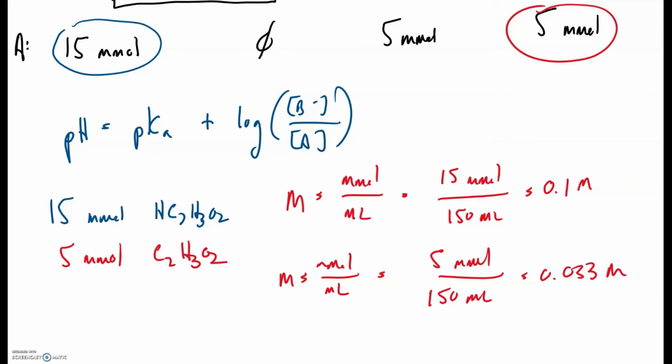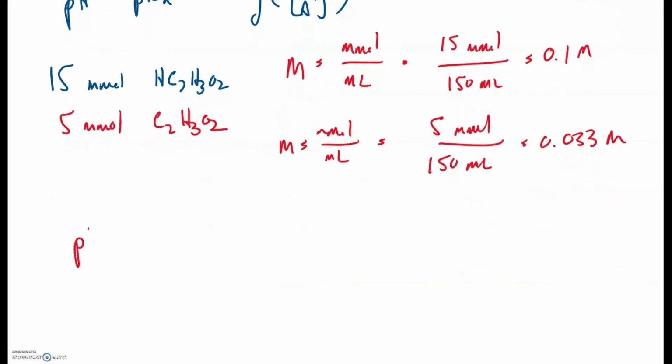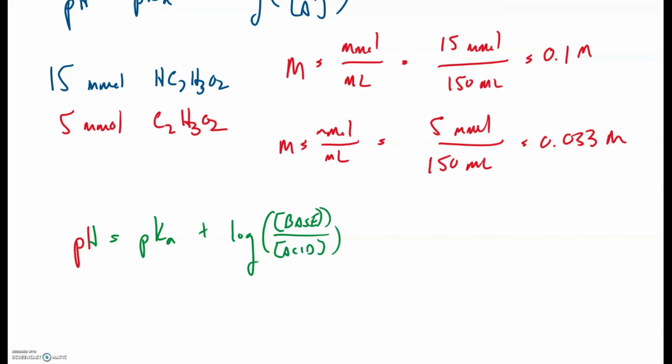Well, isn't it handy that we learned our Henderson-Hasselbalch equation last night? pH is equal to pKa plus log of the concentration of base over the concentration of acid. And since this is acetic acid, it's got a Ka of 1.8 times 10 to the negative fifth. That's a pKa of 4.74 plus the log of our concentration of base over the concentration of acid.